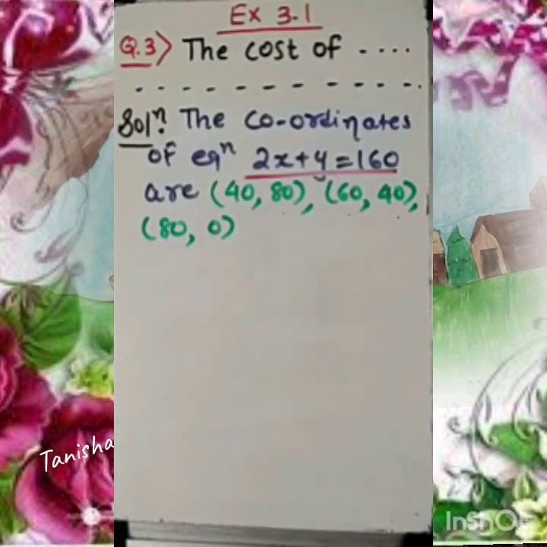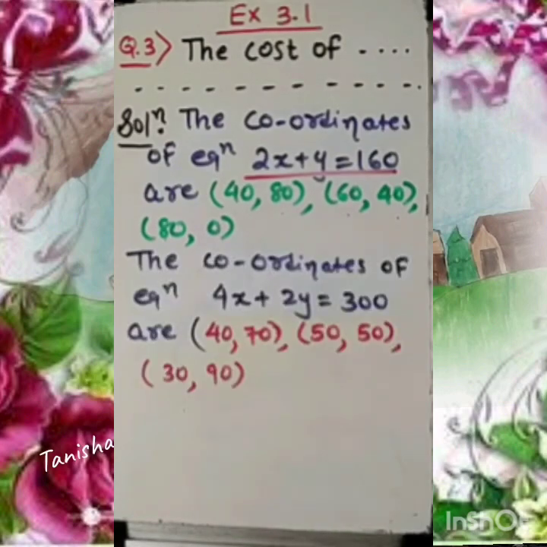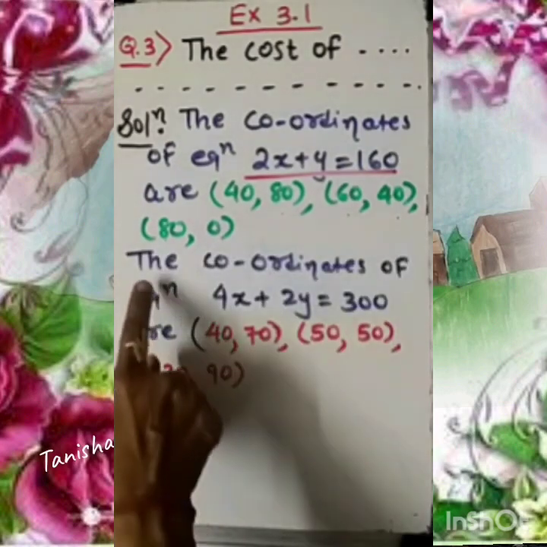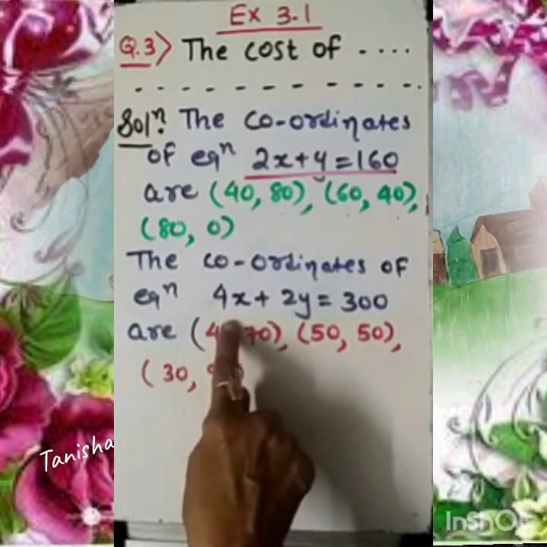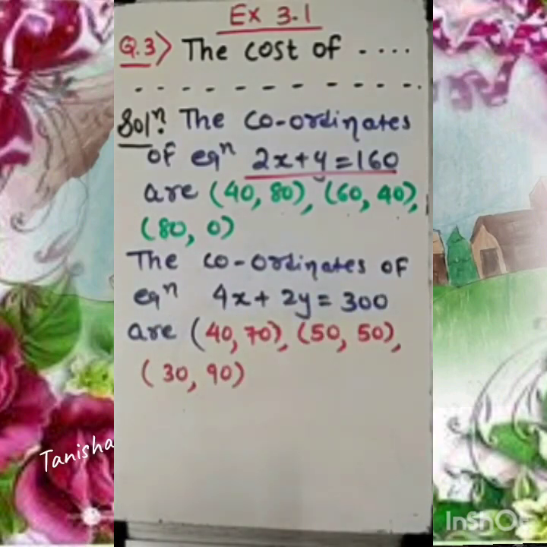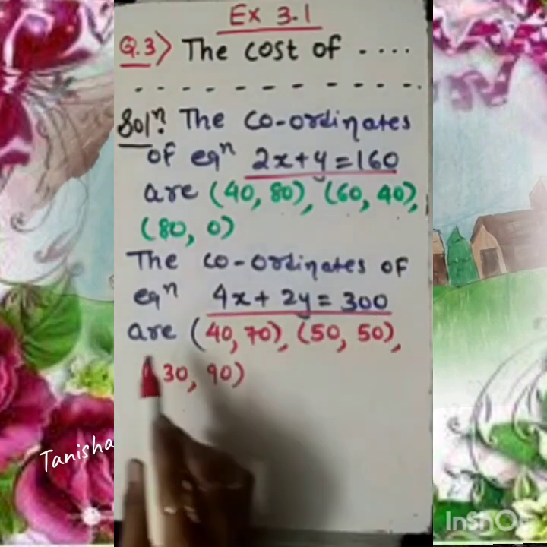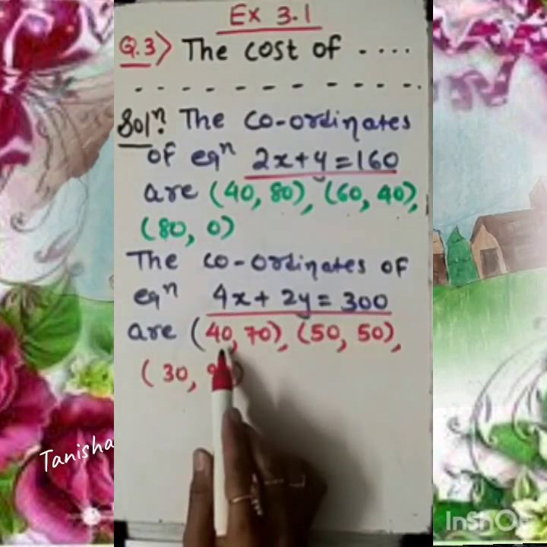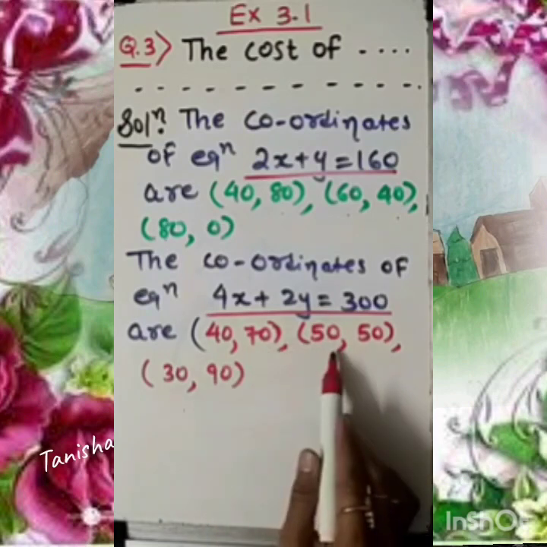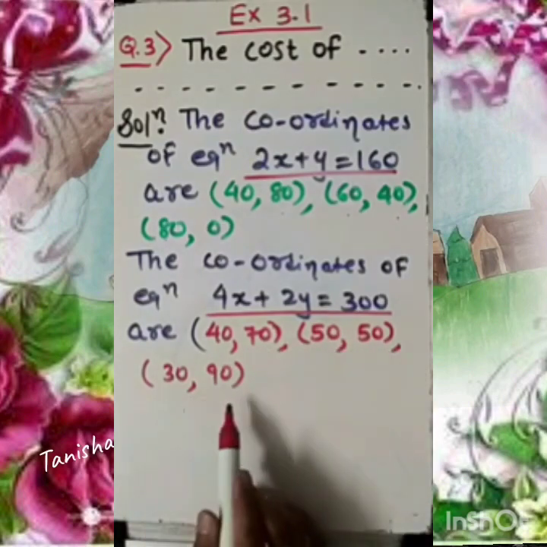Clear to you? Now in a similar way, we need to note down the points of the next equation. So my dear student, the coordinates of equation 4x plus 2y equal to 300, as we know that this is our second equation, are the coordinates which we have found: 40, 70, 50, 50 and 30, 90.